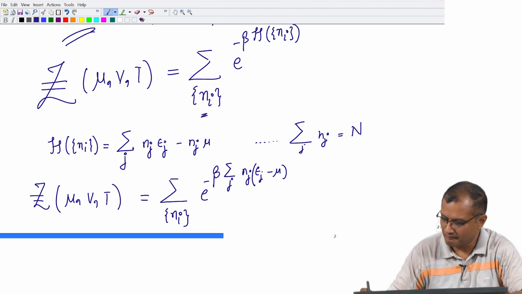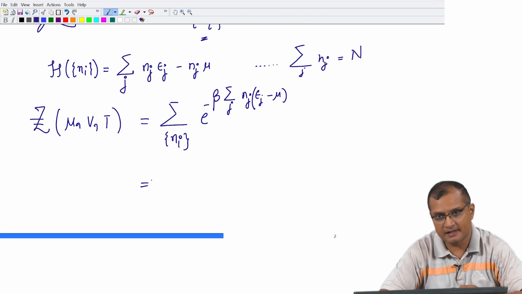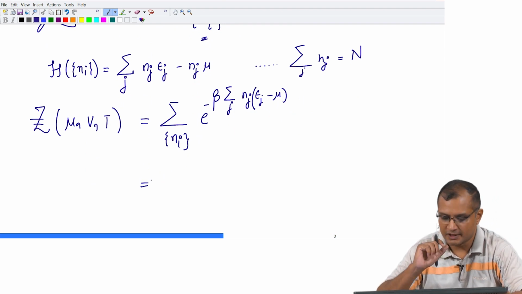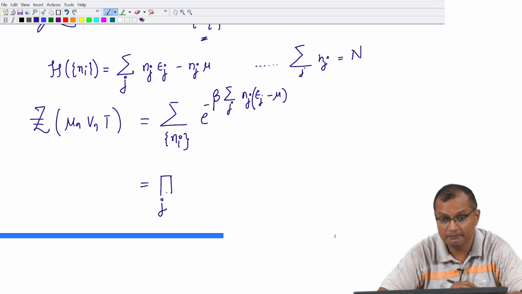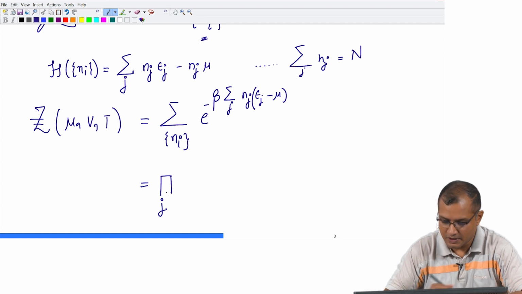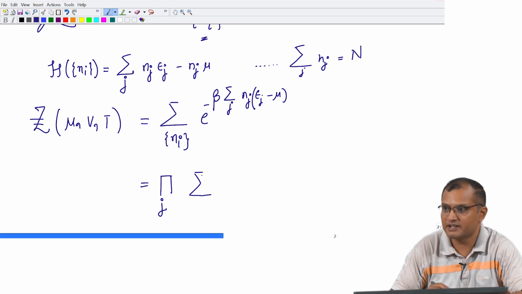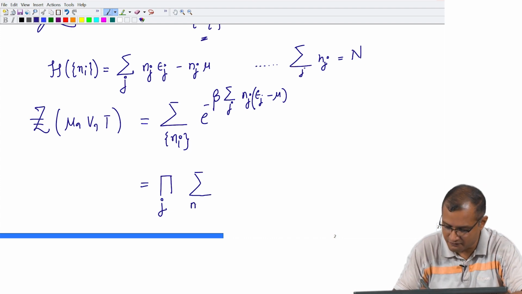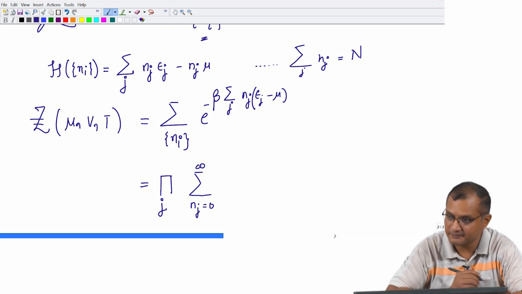As usual, the exponent is a sum, so that becomes a product outside. Then for each j I will now take an unrestricted sum. This is the meaning of the unrestricted sum here. Now, for each exponential my nj can go from 0 to infinity.